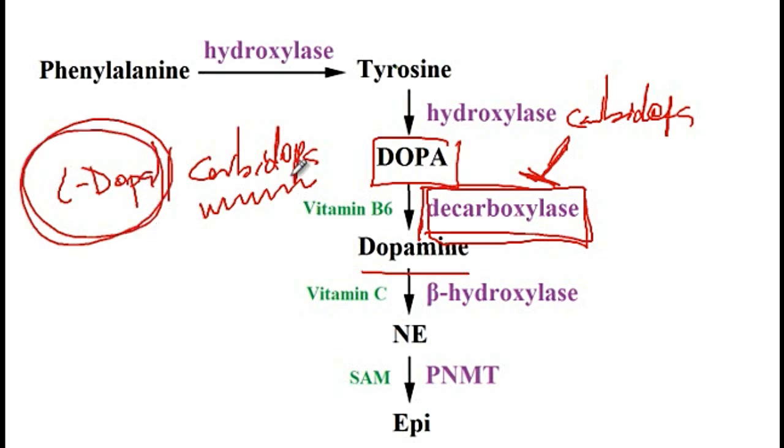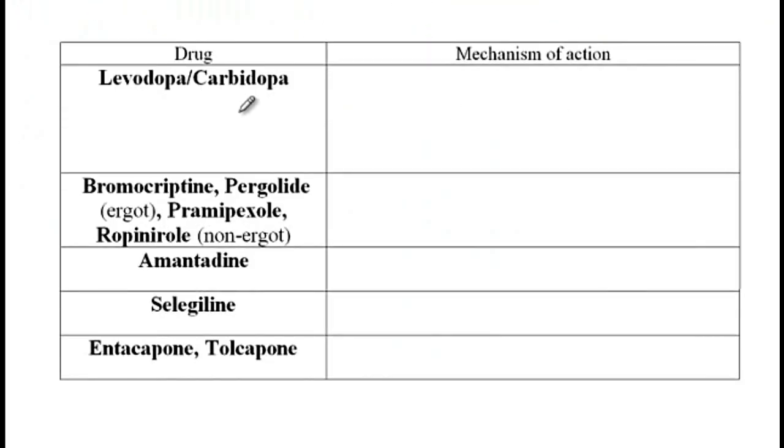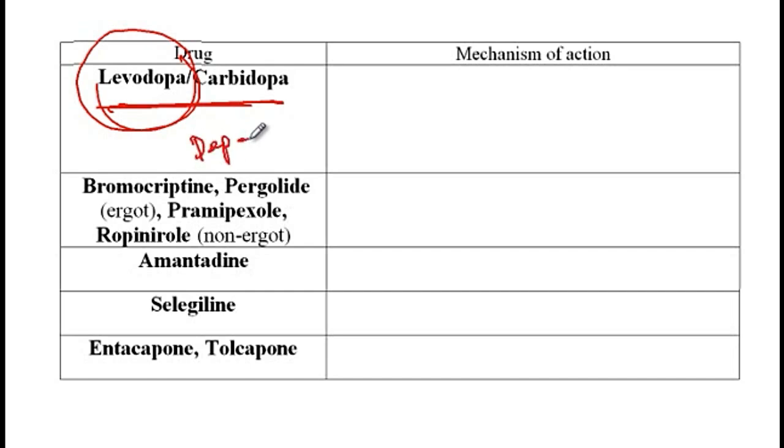So now that I've covered the mechanism of these medications, let's go through the list that I've provided here. L-DOPA and Carbidopa is the first-line treatment for patients with Parkinson's disease. L-DOPA is capable of crossing the blood-brain barrier, and then inside the brain by the DOPA decarboxylase, it converts into dopamine.